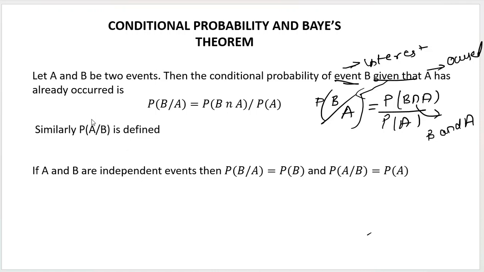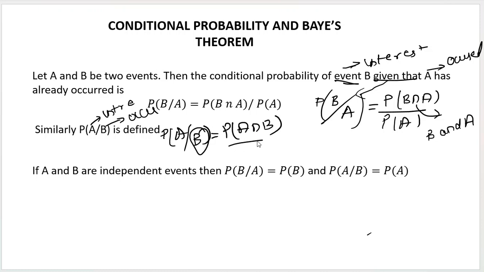Similarly, P of A by B is defined. In this case, A is the event that we are interested in, and B is the event that has already occurred. So P of A by B is P of A intersection B upon the down event, which remains down.